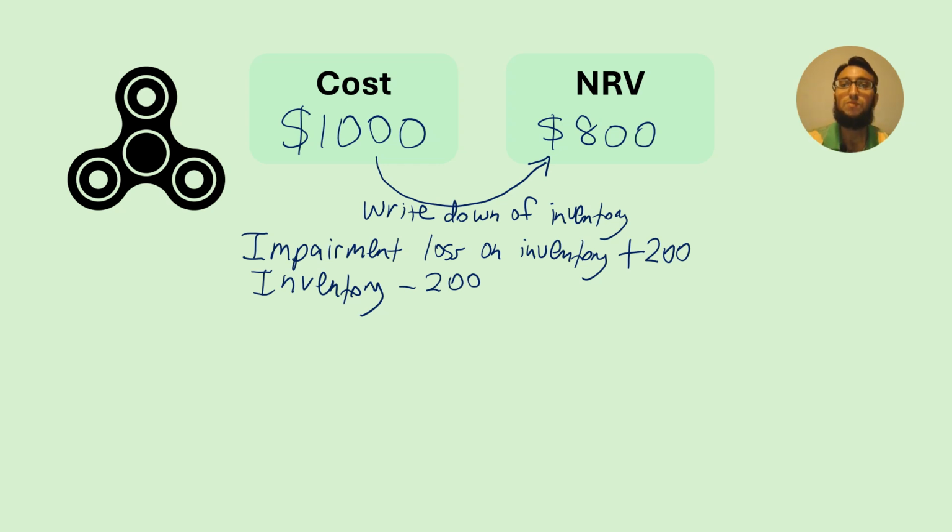Therefore, if we were to observe what is going to be presented in the statement of financial position during that year, in the current asset section, we would see that we will have inventory being presented, and in the inventory account, instead of having the original $1,000 of inventory being shown, we would now need to record the lower of the cost and net realizable value.